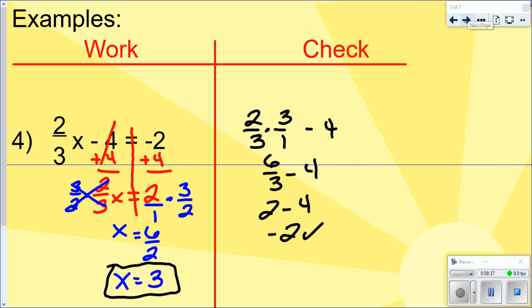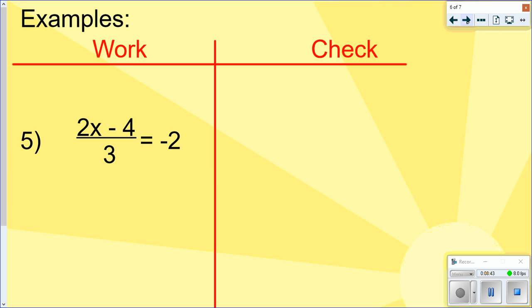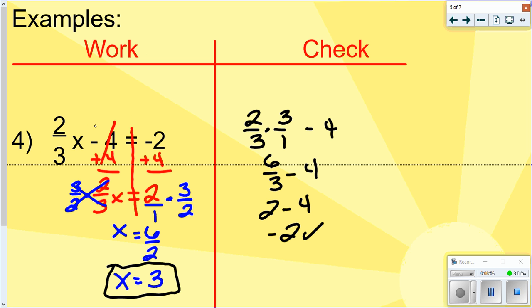All right, so now I'm going to show you something that's a little bit different. Here we go. This one does not follow the convention of what we just got done doing. When you have a fraction like this, it is different, right? What we just got done doing was 2/3 times x minus 4.